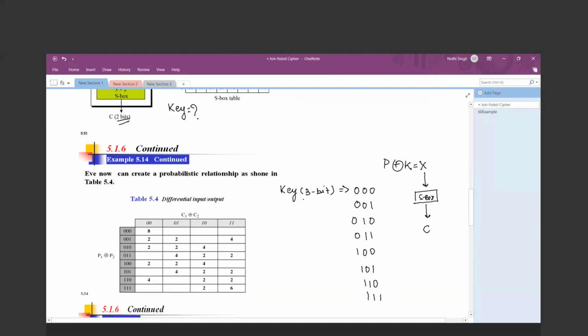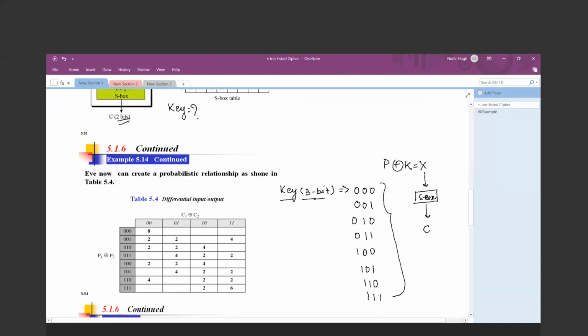So what are the chances? My destination is to find the key. The attacker's task is to get the value of the key. So my key can be any one of the 8 values.